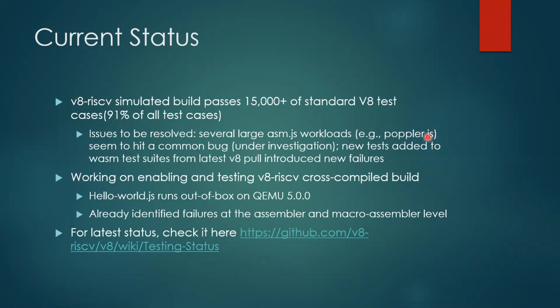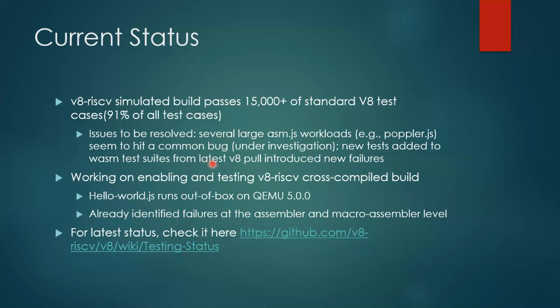Another area that we haven't fully resolved is the WASM tests. We triaged all the WASM failures before we open sourced. After we open sourced, we started to pull from the original V8 source, and it turns out they added new test cases. Those test cases, fewer than 80 of them, are failing.